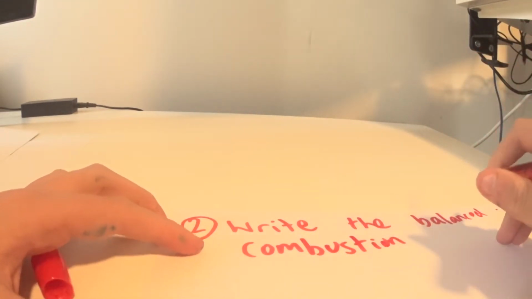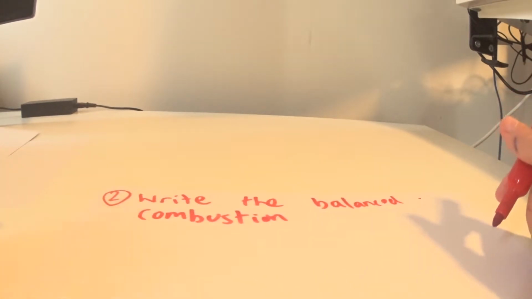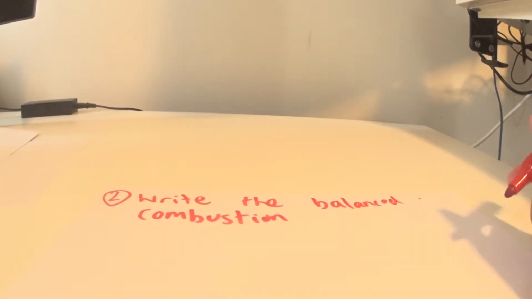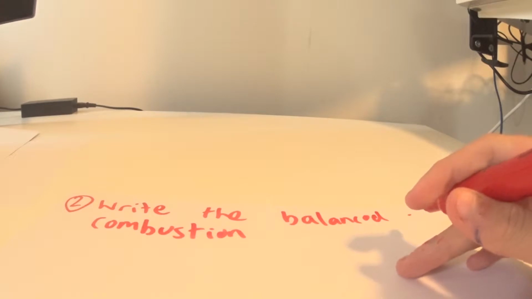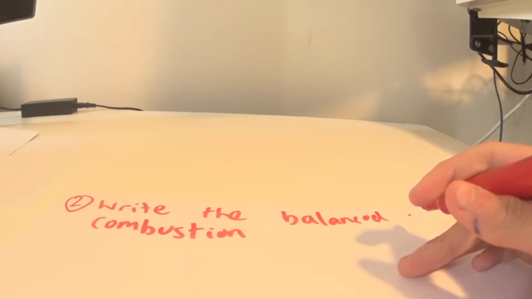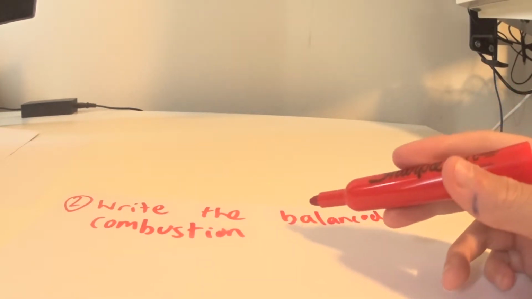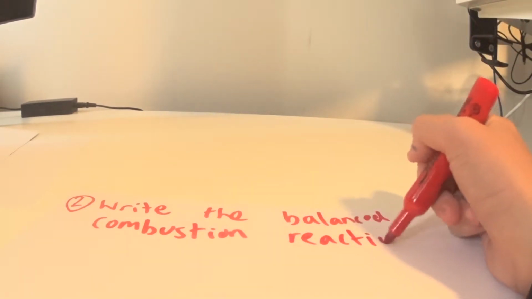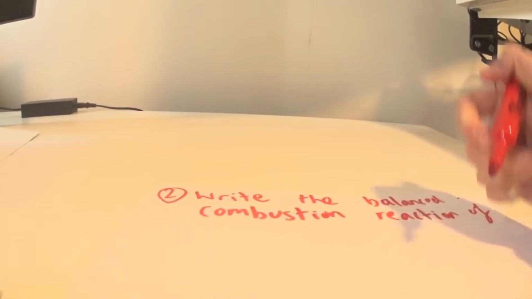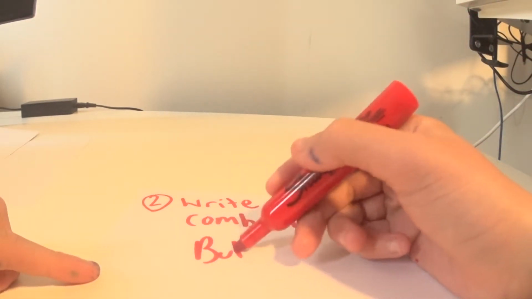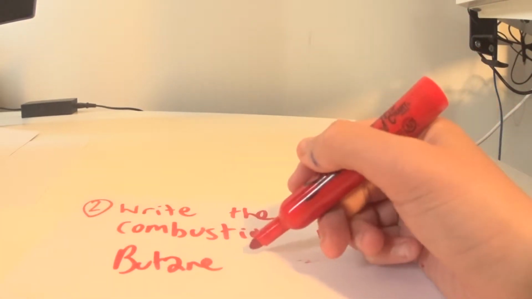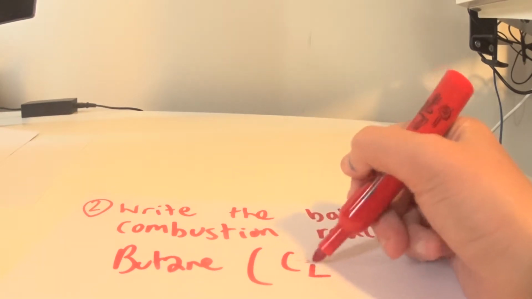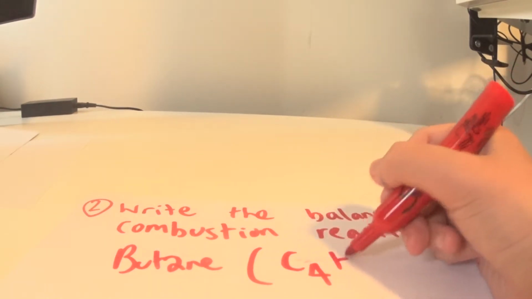You shouldn't even be here, because you're going to have no idea what a chemical reaction is. If you don't know foundation chemistry, watch our foundation chemistry course here on Dylan Teaches Science. So write the balanced combustion reaction of butane. And I will give you butane's formula. It is C4H10.